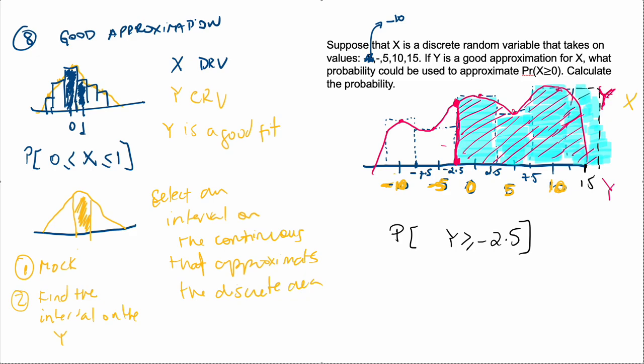Then draw some kind of curve and say, what area should I select? Well, the area you should select is greater than minus 2.5, and it would stop in 15, right? So it would stop in 15.